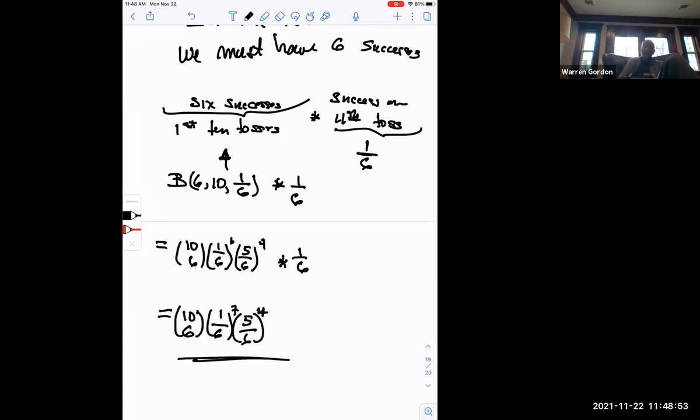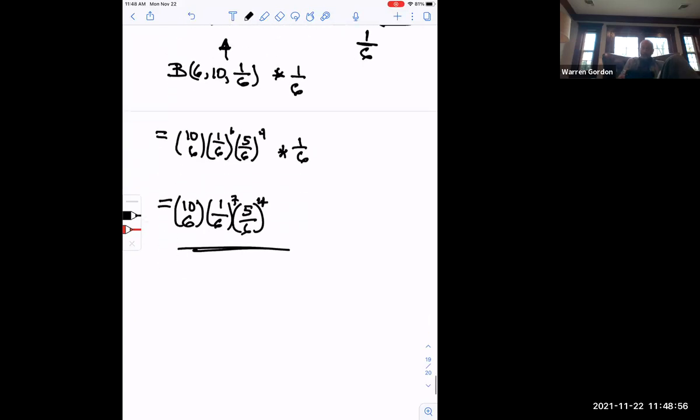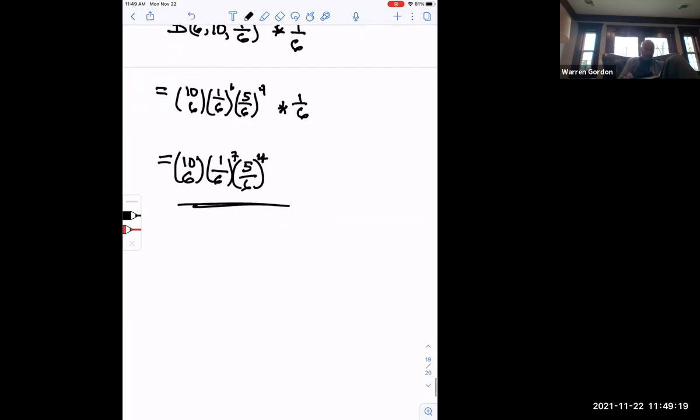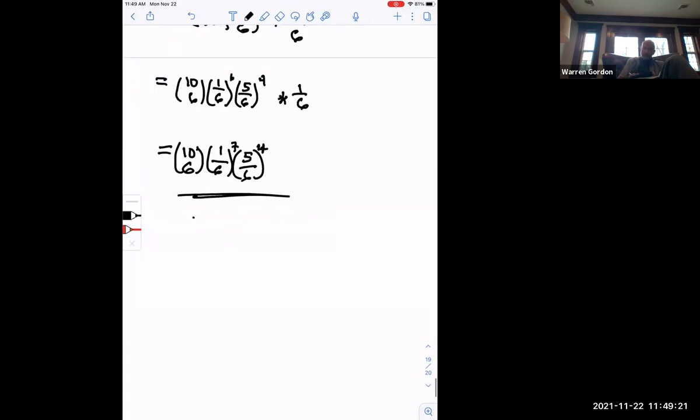In fact, I can show even more. I can actually find its mean and its variance. So in this case, what I call 7 times is m times. One can show that for the Pascal distribution, it's a generalization of the geometric.